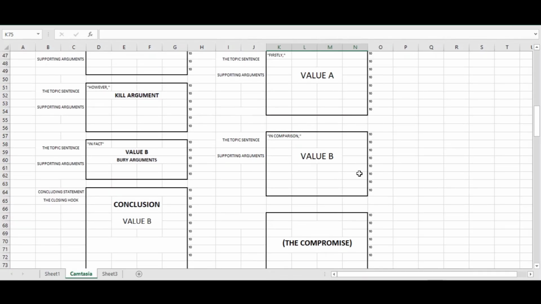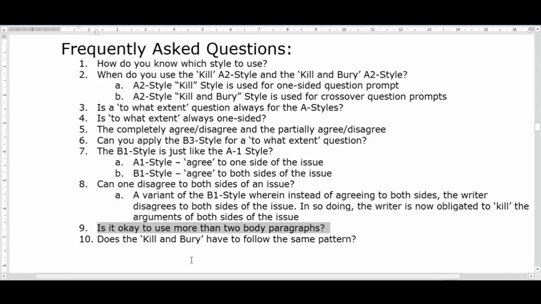What you notice here is you have 3 body paragraphs, and I do get a lot of questions asking, why do we have 3 body paragraphs? Aren't we supposed to have just 2? The answer is there really is no rule that limits the number of paragraphs a student would like to use. You can have 5 body paragraphs if you can meet the time requirement for it.